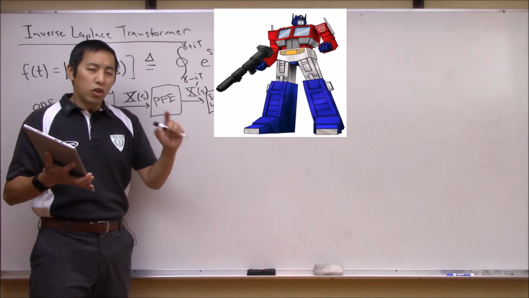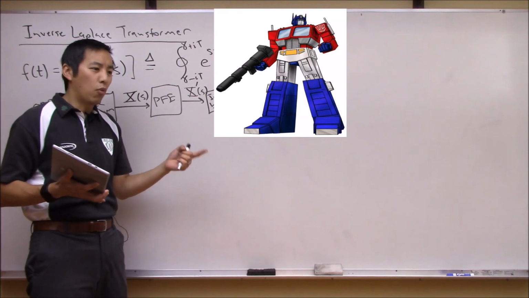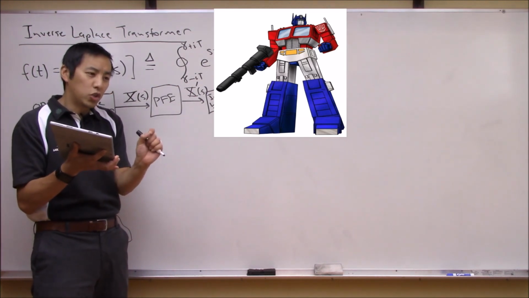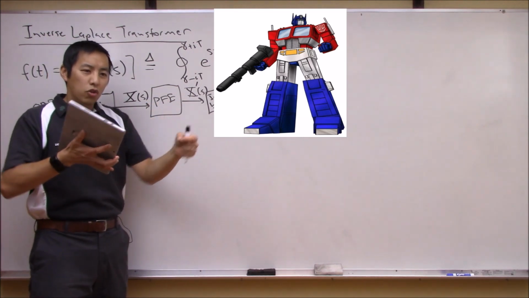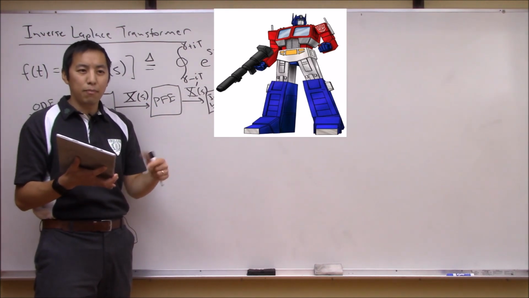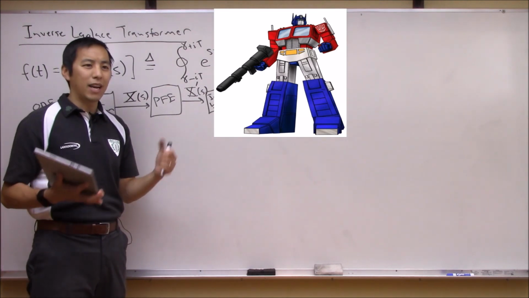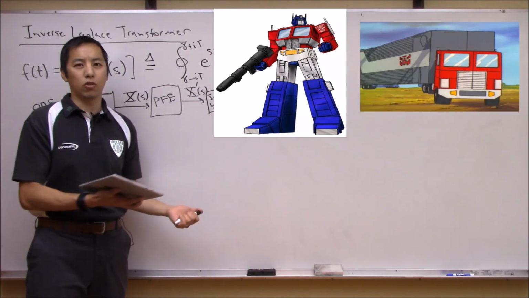Sure, you could try to figure out his inverse transformation to get him into vehicle mode. You could look at all the joints, calculate it, try to test fit it, but everybody knows that when you see Optimus Prime, he turns into a semi-truck.